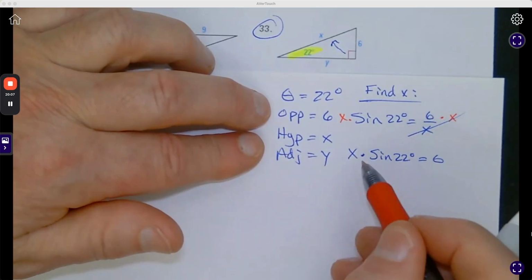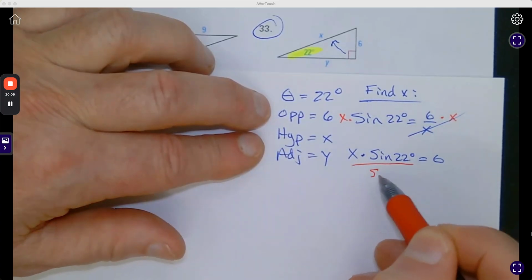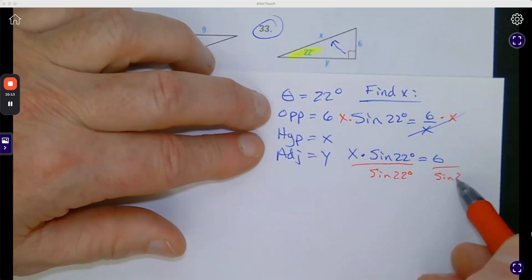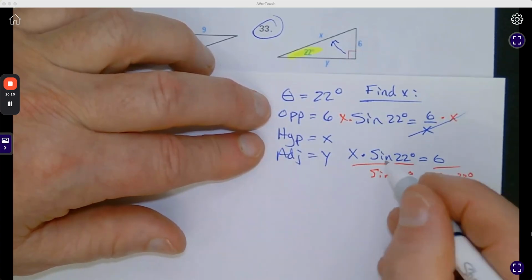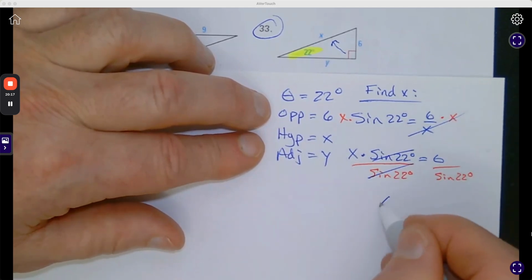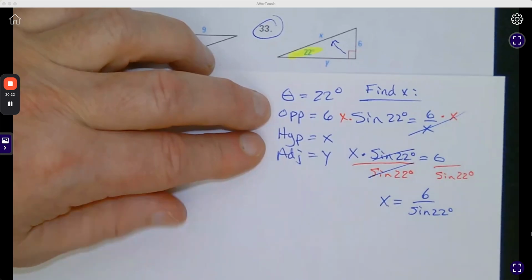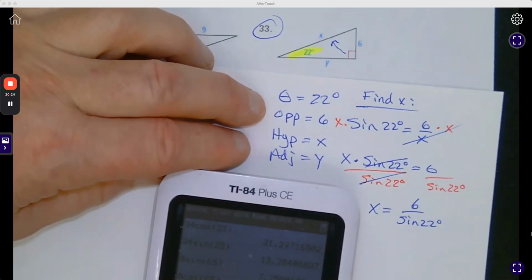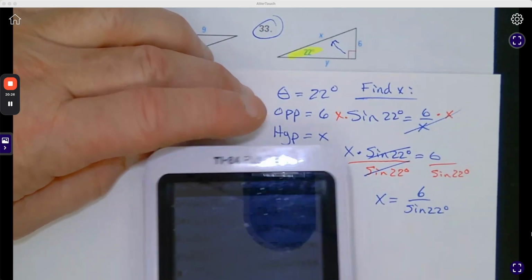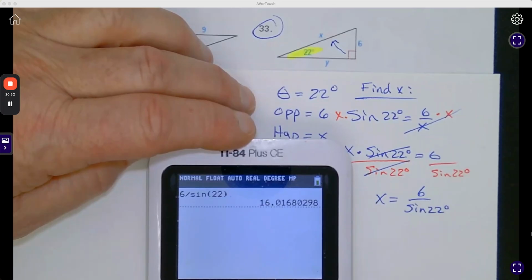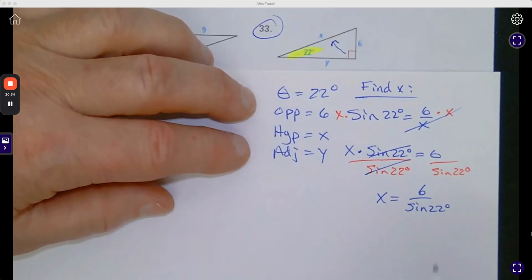Now I want to get the x by itself. Notice that's multiplication. So the inverse operation for multiplication is division. This is a number, so they cancel out. Okay, calculator. So we have 6 divided by sine of 22, 16.0.